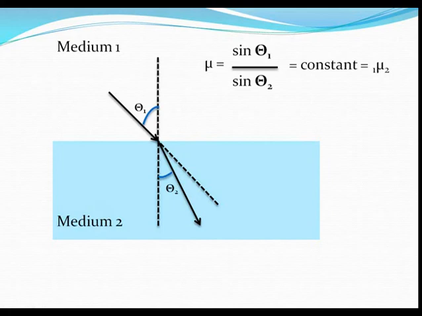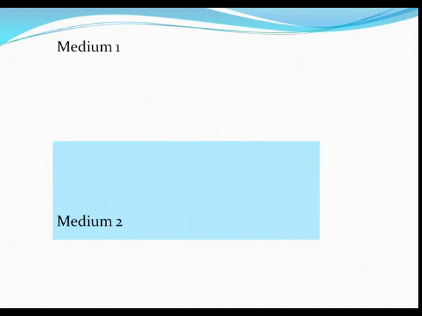So if medium 1 is air and medium 2 is glass, sine θ1 by sine θ2 will represent the refractive index of glass with respect to air. In fact, this particular law, which states that sine θ1 by sine θ2 is constant, is called Snell's Law, as you might already have heard.